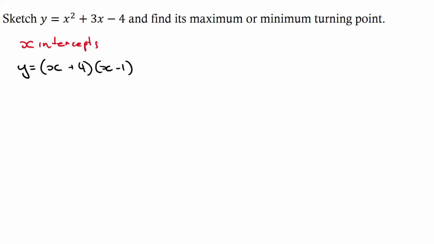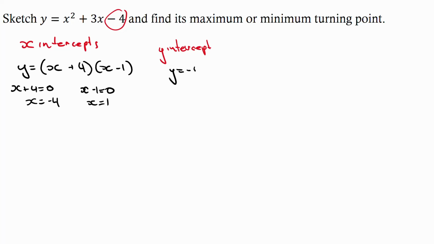So for the front bracket, x plus 4 equals 0, x minus 1 equals 0. So this x is going to be negative 4, this x is going to be 1. Our y-intercept, if you remember the trick, is just the constant at the end. So the y-intercept is going to be my negative 4 up here, so y equals negative 4.